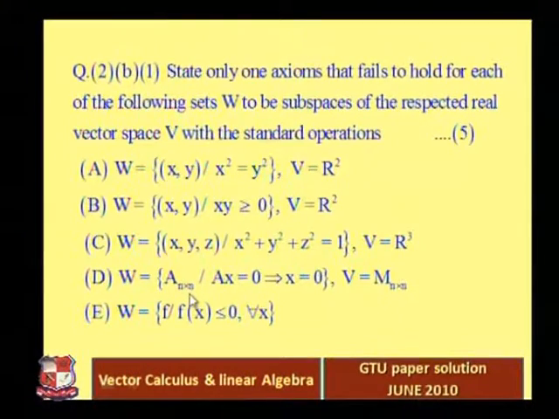W is the set of n cross n matrices such that if Ax is equal to 0, then x is equal to 0, right. So if our V is the set of 2 cross 2 matrices, consider n is equal to 2.